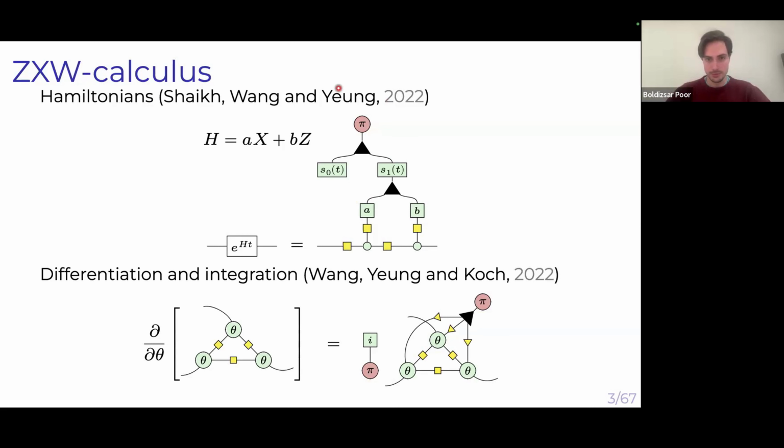Beyond those that are mentioned in this paper, we can also reason about light and matter Hamiltonians in another paper. And we can also express the differentiation and integration of ZX diagrams or ZXW diagrams. This is essentially because the W node enables us to express summations quite easily.